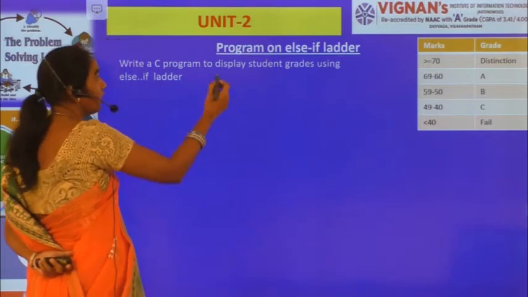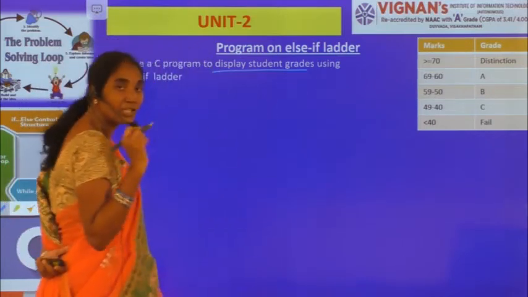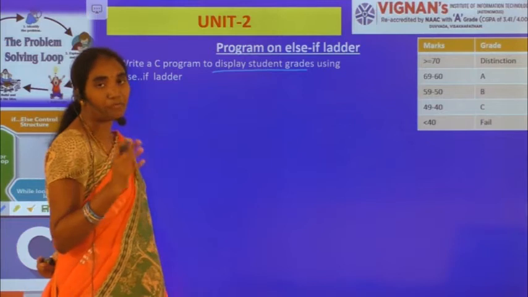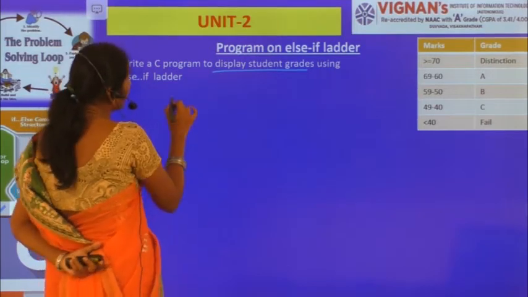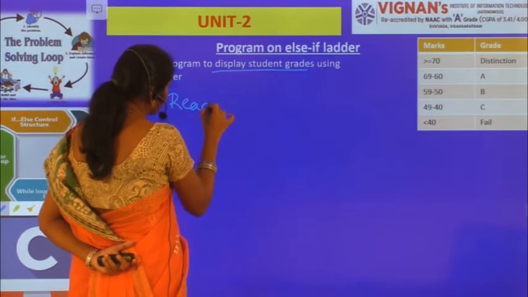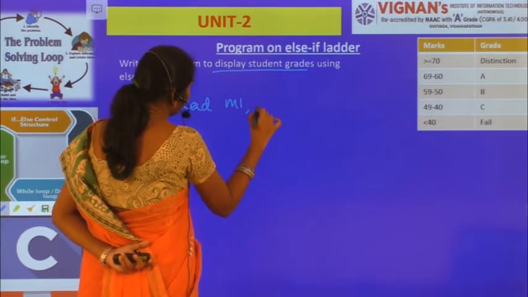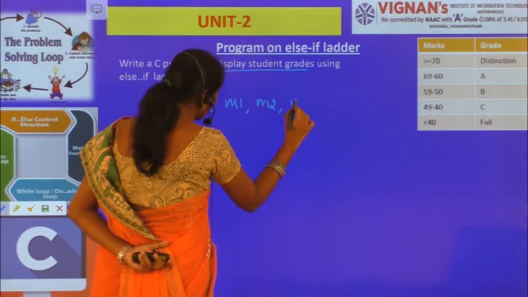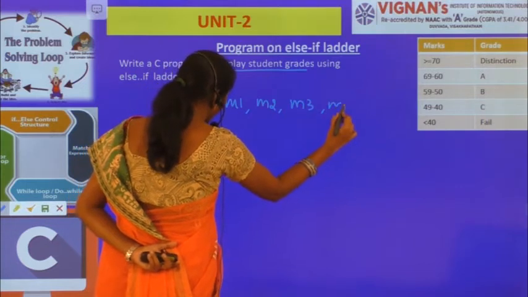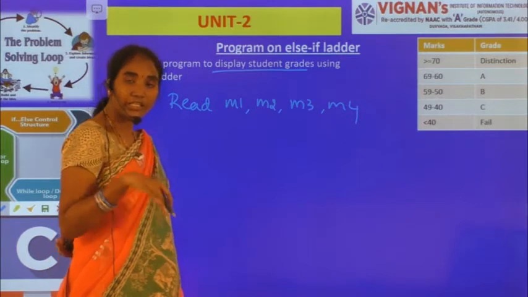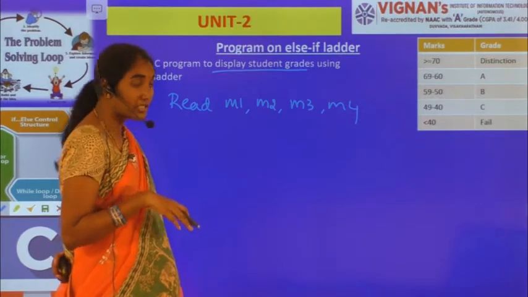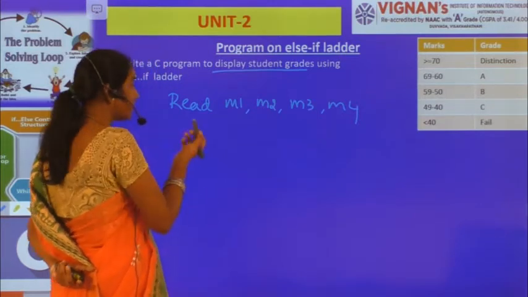So here I want to display the student grades, right? For that, initially I have to read the corresponding marks from the user. So let us write read M1, M2, M3, M4. Let us consider I have 4 subjects in my semester. After reading the marks, what is the immediate step? I have to find the percentage.